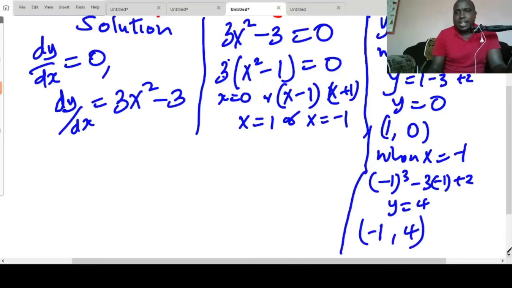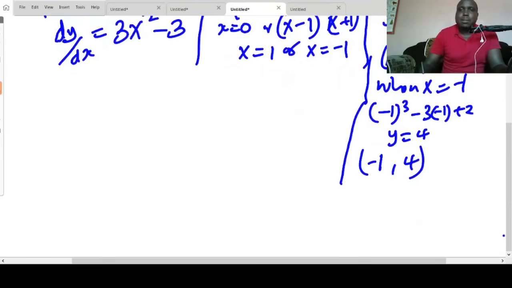The last thing is to determine between point (1, 0) and (-1, 4), which one is the maximum, which one is the minimum, or which one is the point of inflection? That is the next thing we are doing. Remember, I told you this is a 10 marks question.